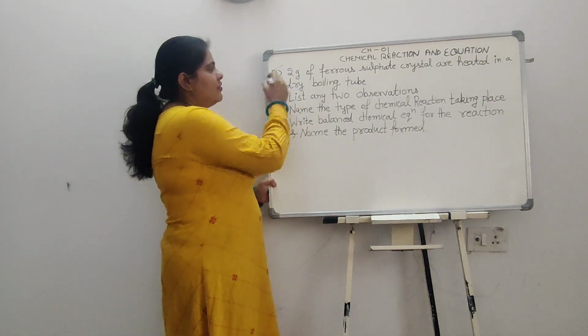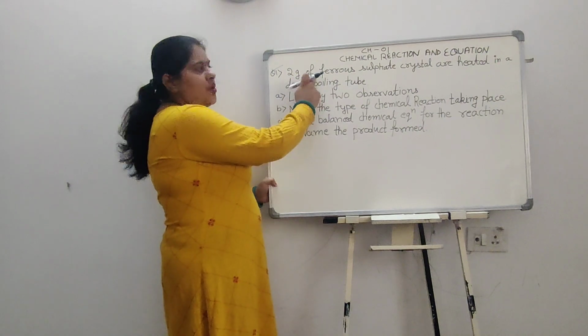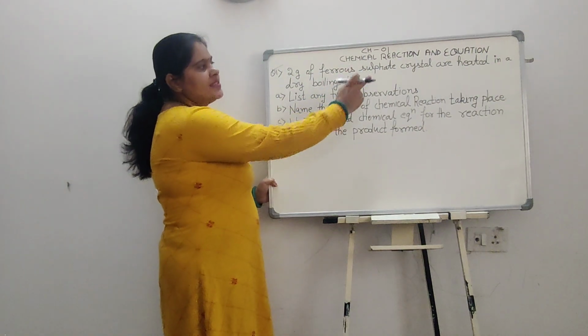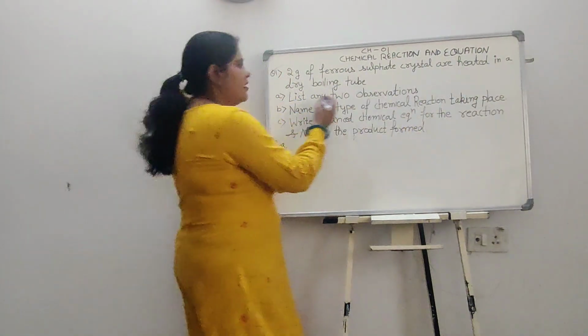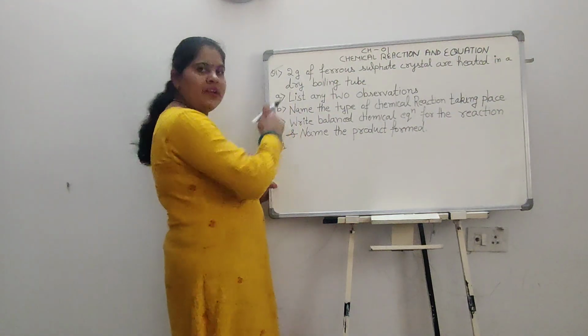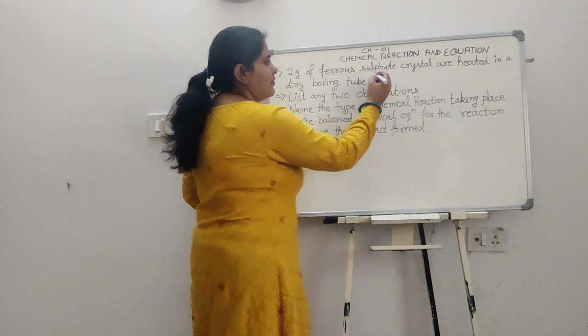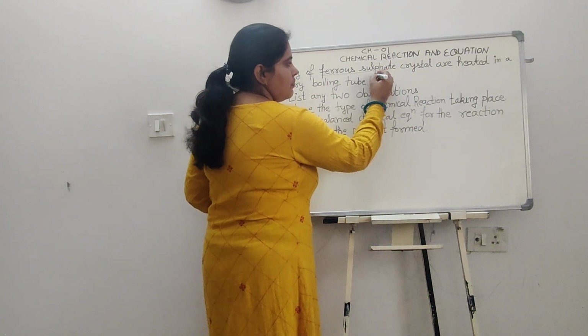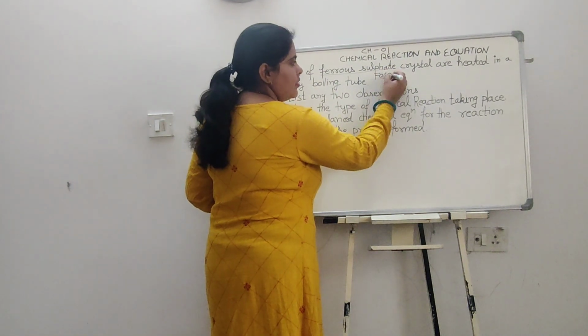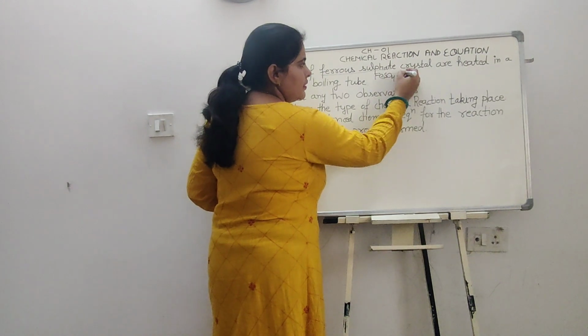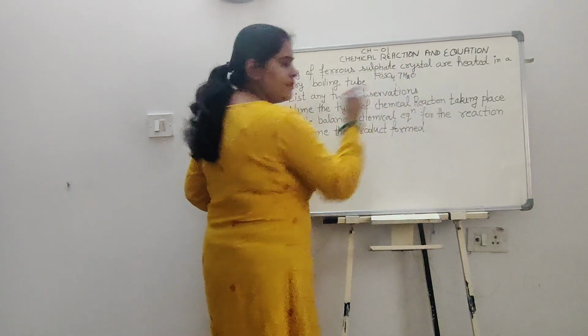Question first is: 2 gram of ferrous sulfate crystals are heated in a dry boiling tube. This statement is given to you. What is ferrous sulfate? Ferrous sulfate exists in this form: FeSO4.7H2O.